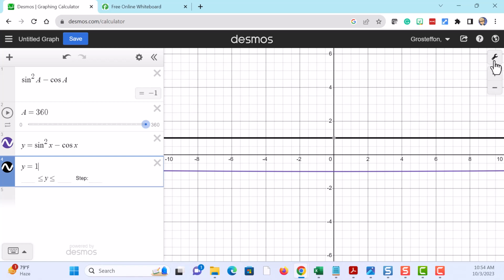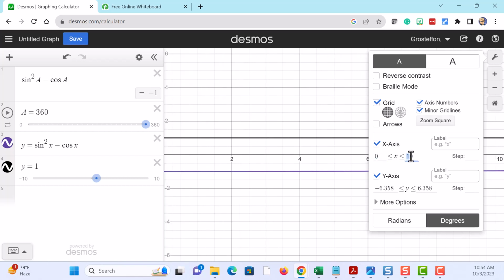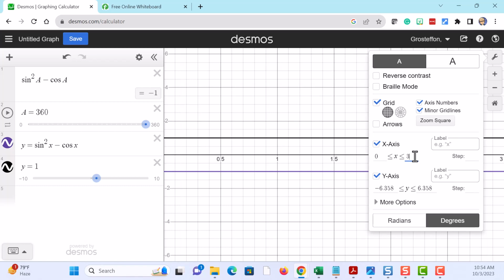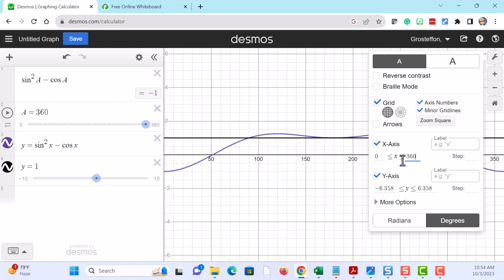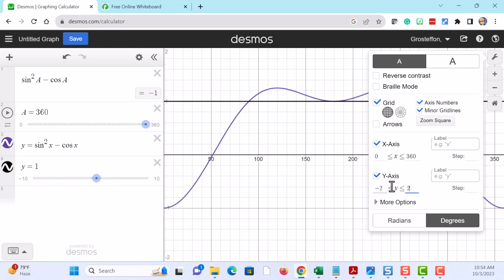So let me go ahead and go back to settings. For the x-axis, I'm going to select my x minimum to be 0 and my x maximum to be 360. And I want to find out where the y values are equal to 1, so I'm going to go from -2 to 2.